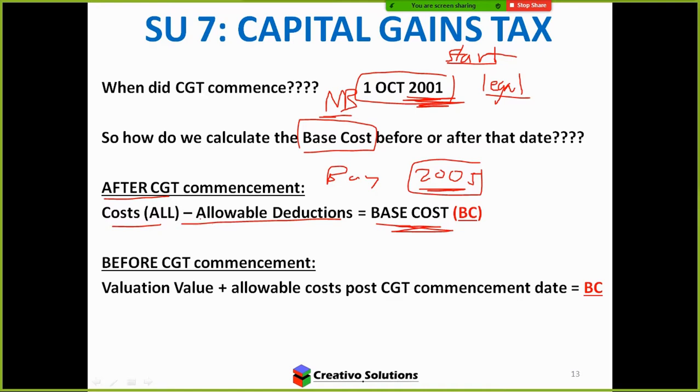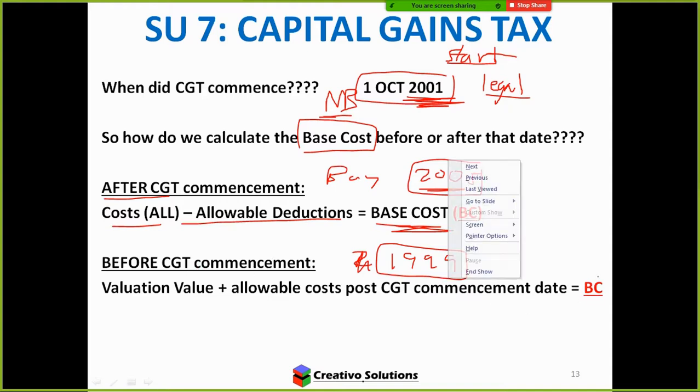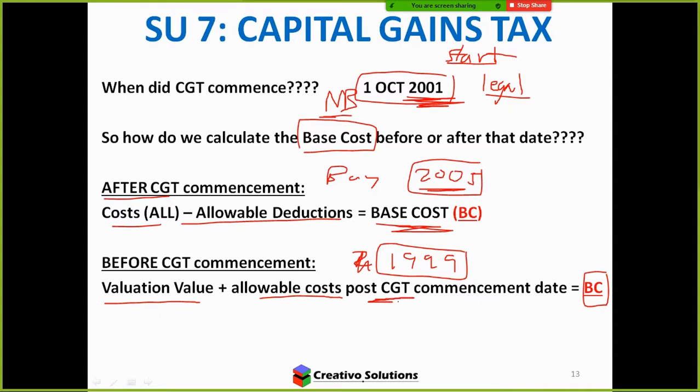Yes. Okay. If it's before CGT commencement, in other words, if you bought property in 1999, then the base cost, the BC, is going to be the valuation value plus allowable costs post CGT commencement. The valuation value would be applicable to 2001.